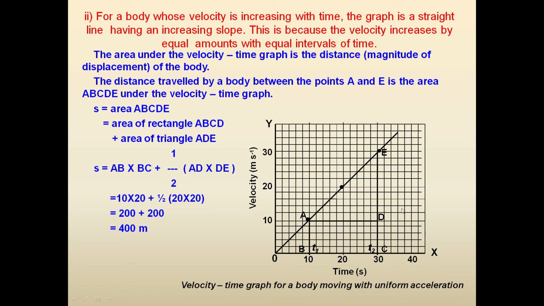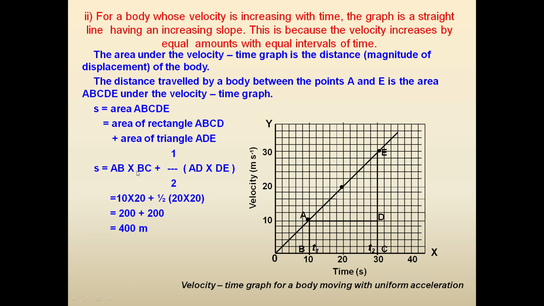So this trapezium can be divided in two parts. One is this rectangle. The rectangle is ABCD. Another is this triangle. The triangle is ADE. So if we add the areas of these two shapes, then we'll find out the distance traveled.